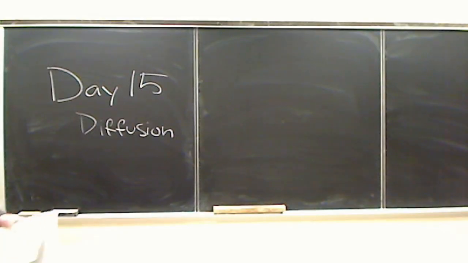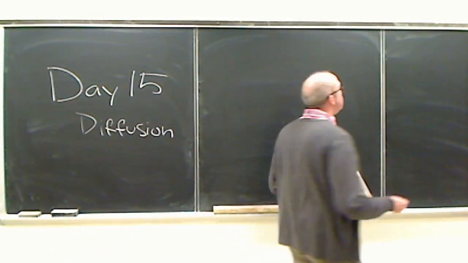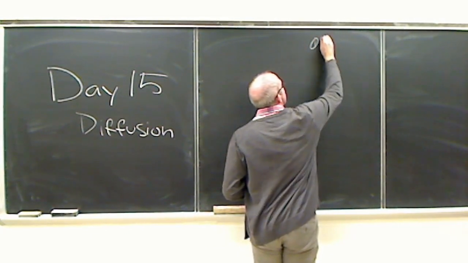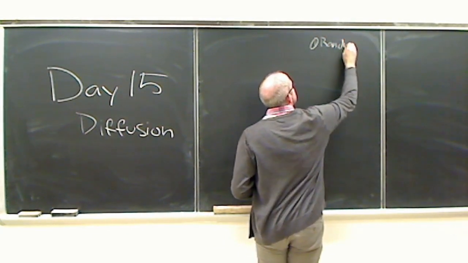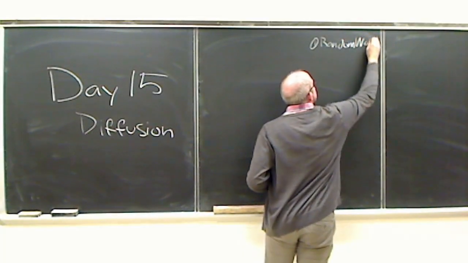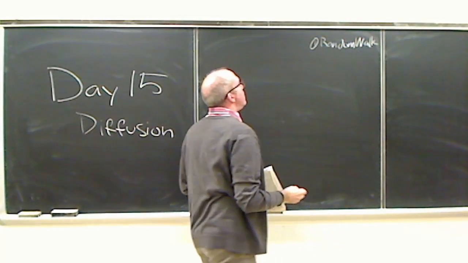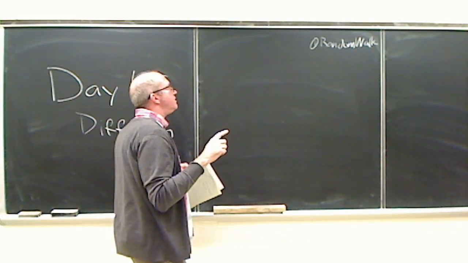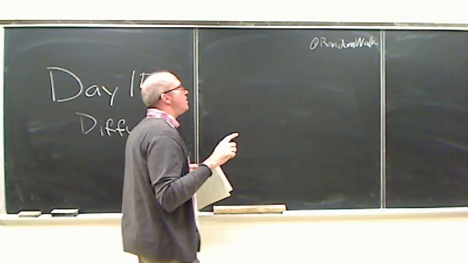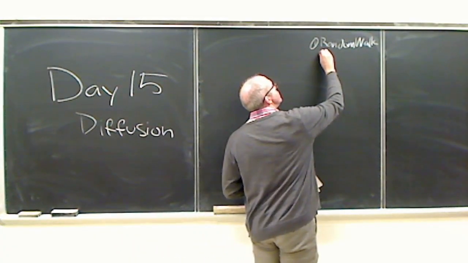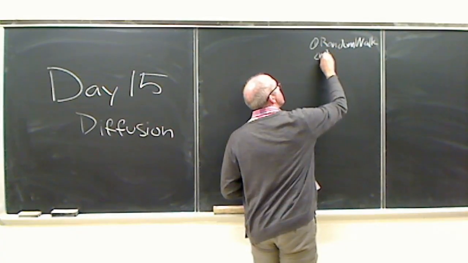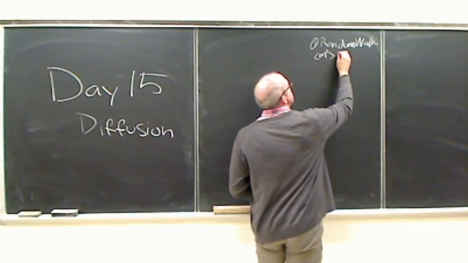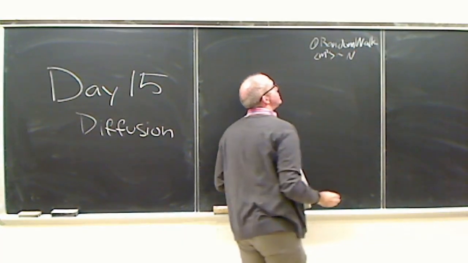So anyway, okay, the first thing I'm going to do is, let's start over here. We're going to talk about random walks. And I'm going to show you that for a random walk, the expectation of the square of the distance that you have gone goes like the number of steps.